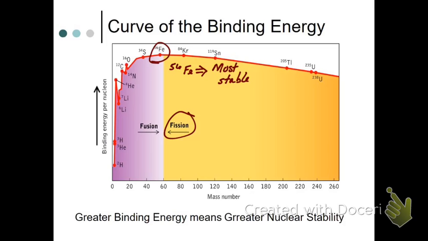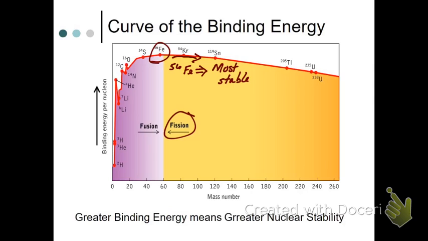Now, if we look at the curve, the area that's shaded yellow on this particular curve, what we'll note is that these are, of course, the heavier nuclei, and we'll notice that the binding energy actually falls off as the mass number, as the mass of the nucleus itself increases.